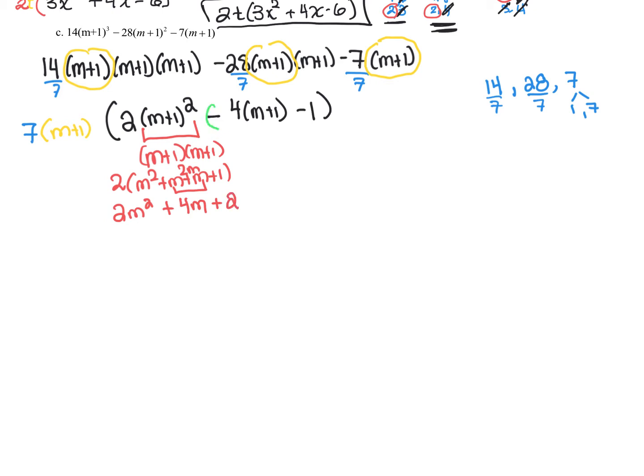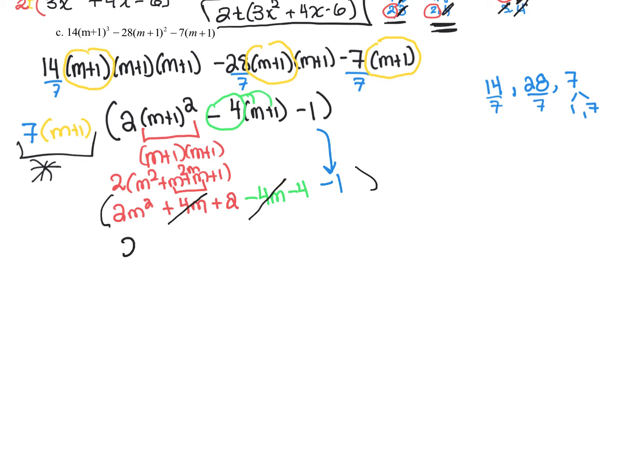I'm going to take this negative 4. I'm going to distribute it into everything. So I get minus 4m minus 4. And then minus 1. Now we're going to remember not to drop this off. We're going to need that. But right now we're just cleaning up inside our big black parentheses. So my positive 4m and my negative 4m can cancel off.